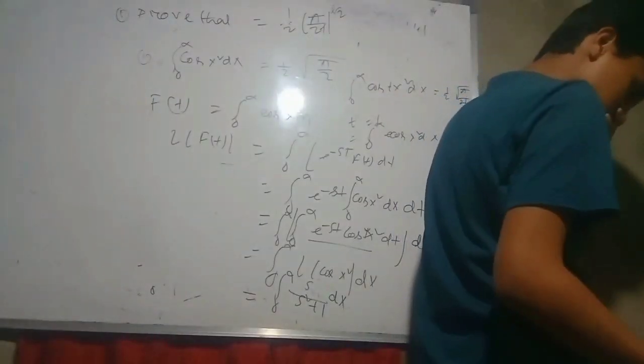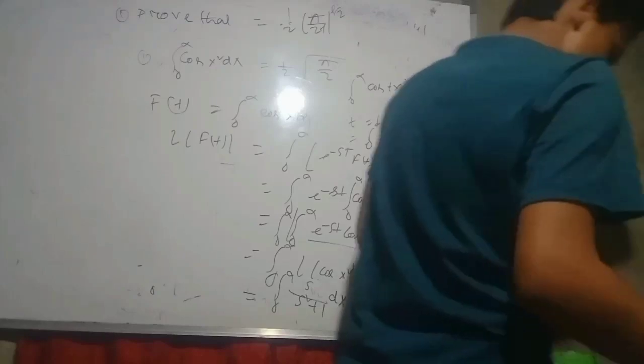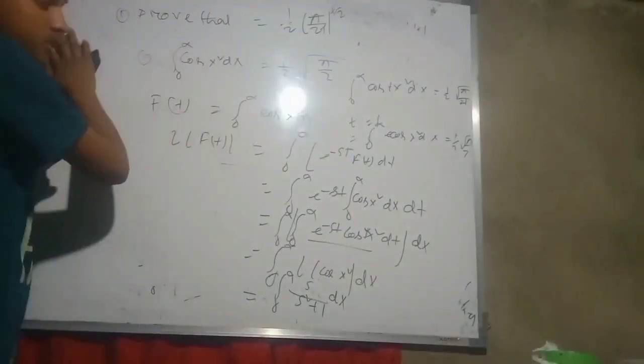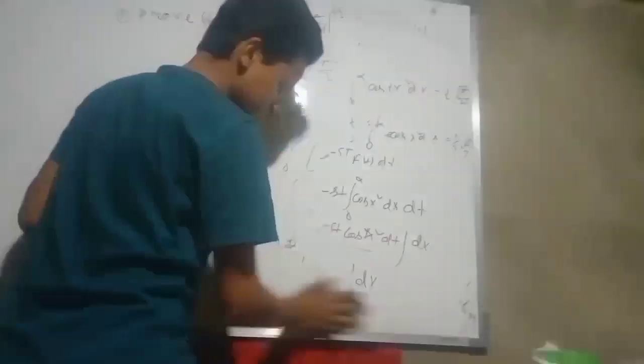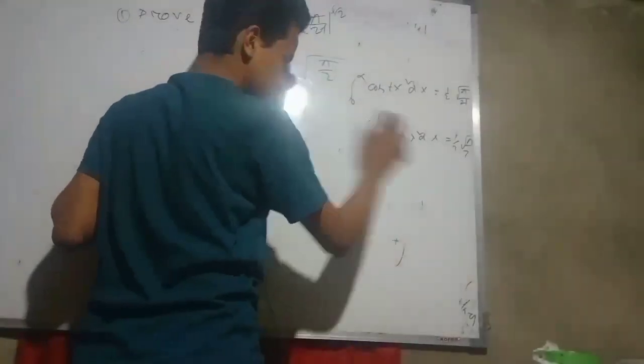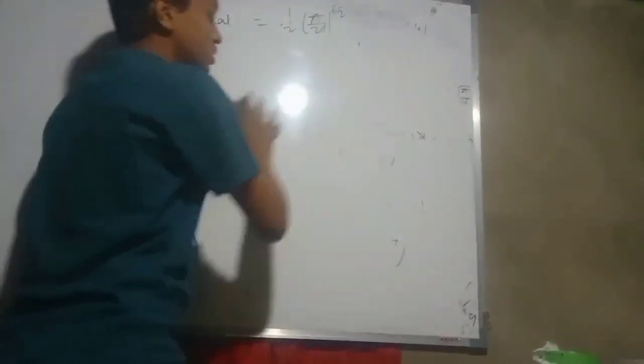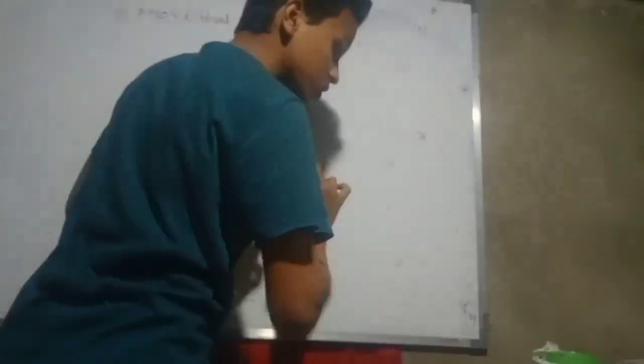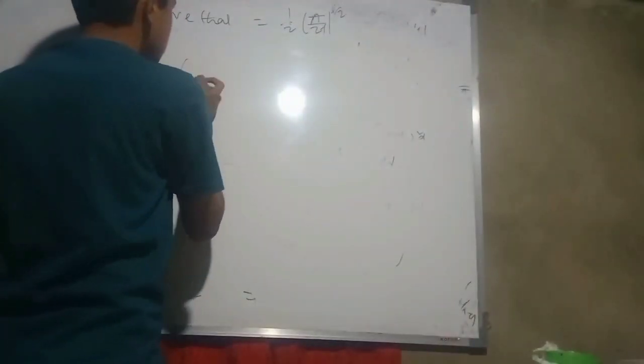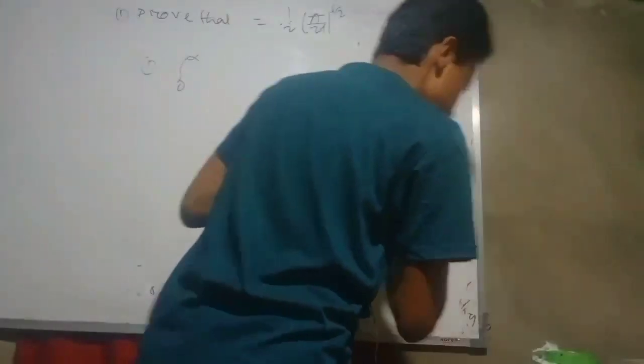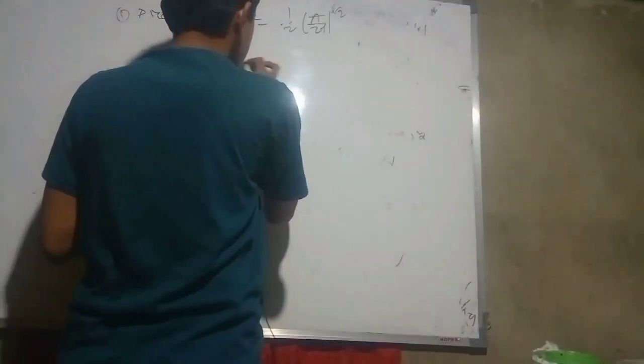I am giving another example, so I am erasing this. That part you can prove yourself. So let's find the integration from 0 to infinity of e to the minus t x square dx.